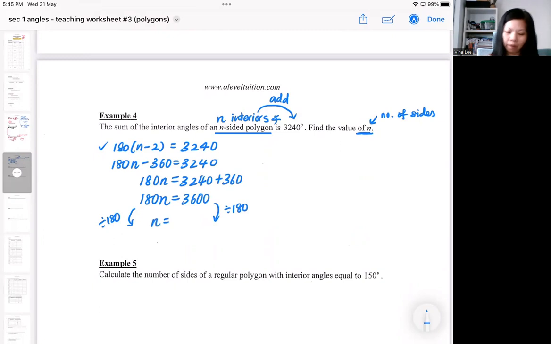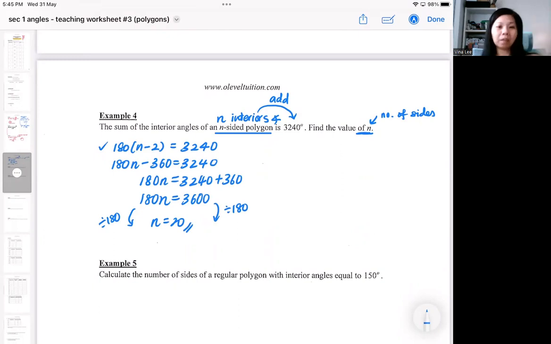If I divide, I will get 20. So this is a 20-sided polygon. 20 sides is quite a big one, so there are 20 angles and they add up to 3240.